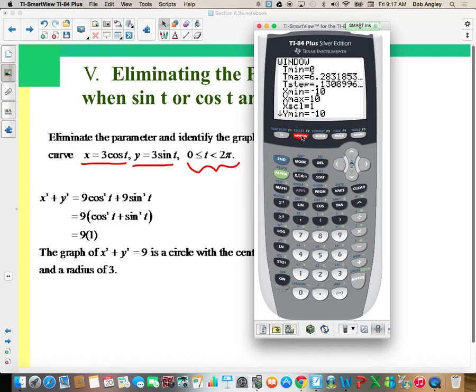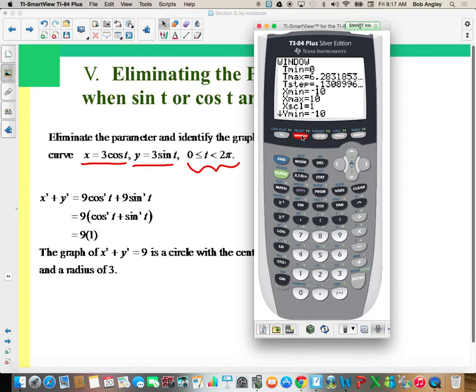Now, this number right here, that 0.1308, somewhere on your paper you need to jot down that that's pi divided by 24. Because there's going to be a time you'll have to enter that in to get that back. In other words, you'll have a T step of 0.1, and instead of going and doing Zoom 6, if you just want to change that T step, you want to just remember it's pi divided by 24.